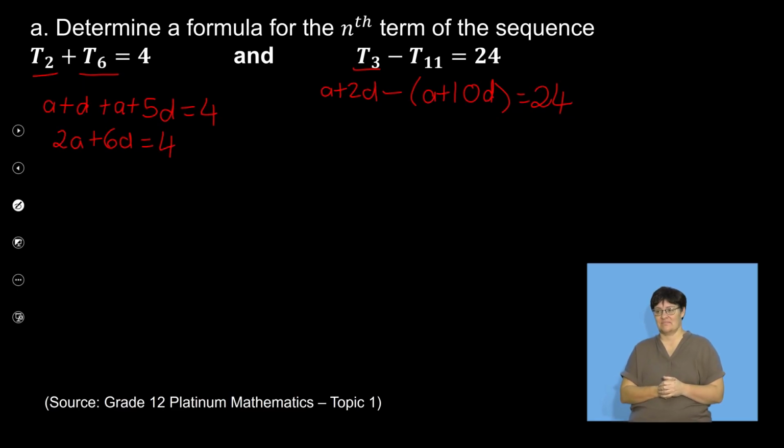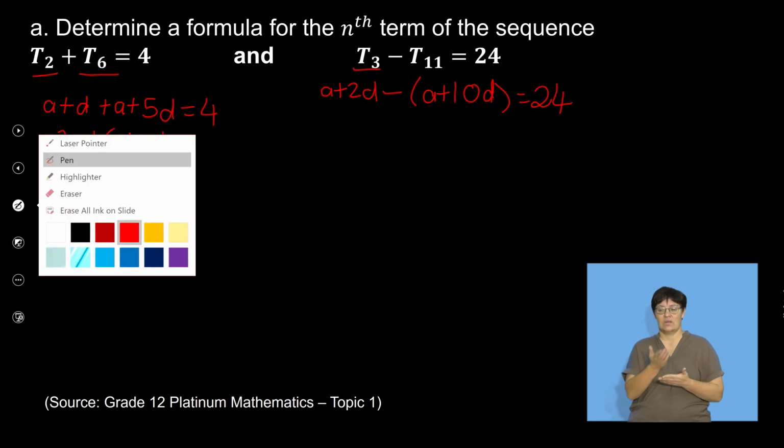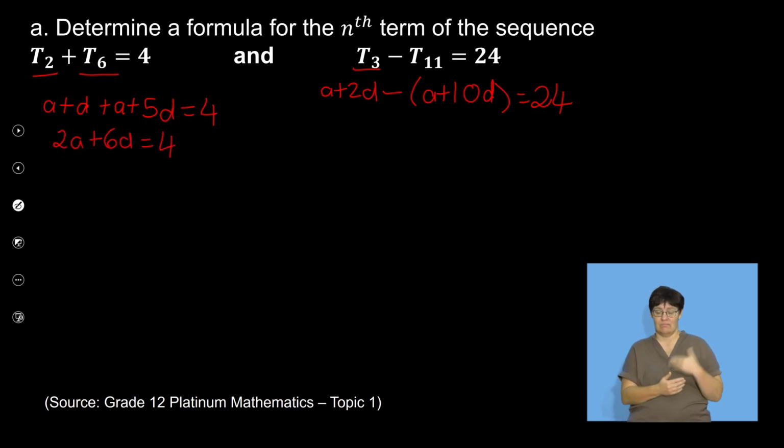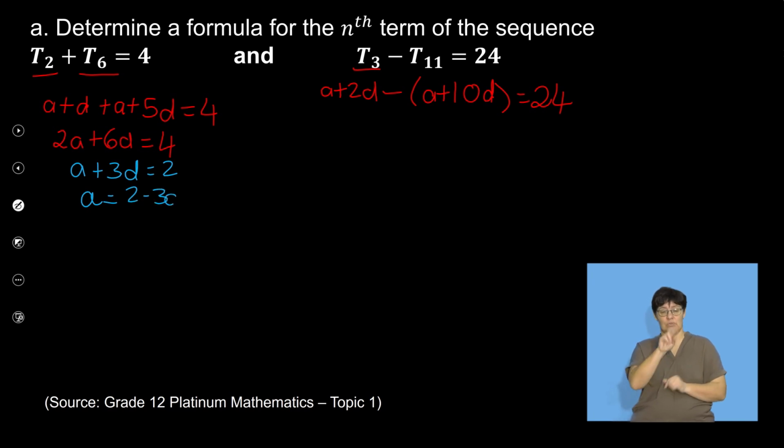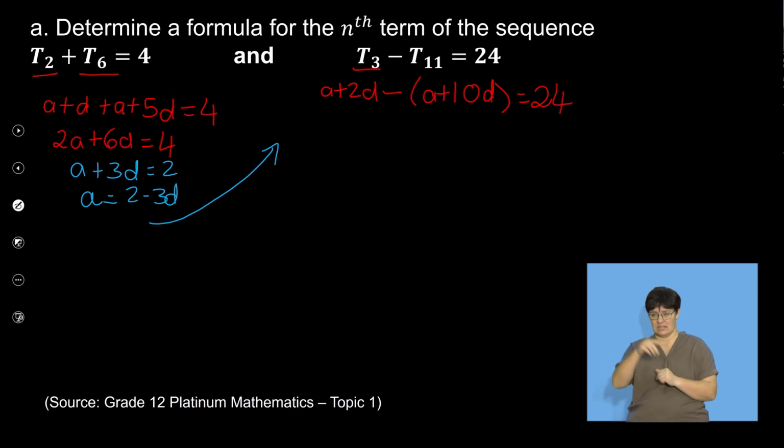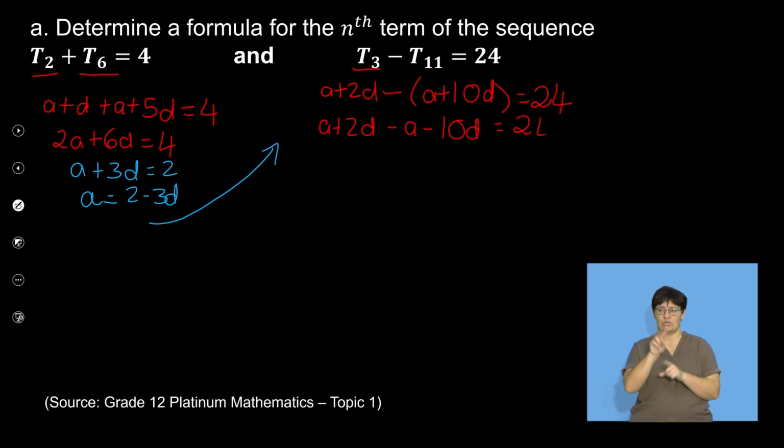So I'm going to divide everything by 2 on the left-hand side, because that's going to give me A plus 3D is equal to 2. So A will be equal to 2 minus 3D. Before I substitute it, let me simplify this other side. I'm going to have A plus 2D minus A minus 10D is equal to 24.